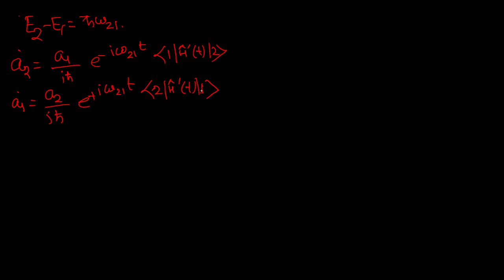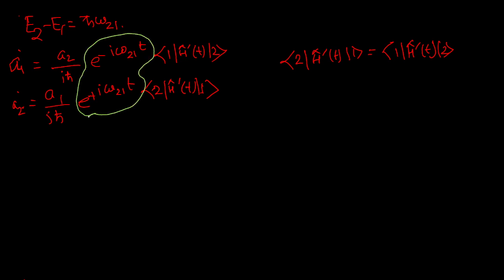As this is Hermitian, then we can write this. Now if you look at this equation, then A1 and A2, these two coefficients are out of phase.